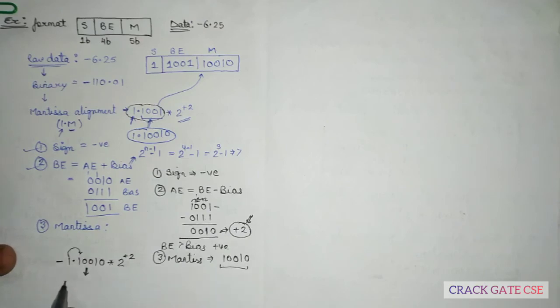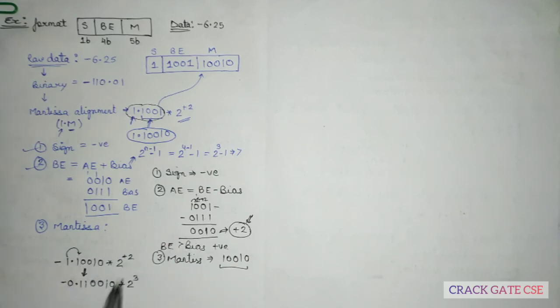It will be negative 0.110010. Because we shifted this value to the right, 1 will be added to the exponent, so this will be 2 to the power 3, right? So we have shifted the implicit value, that is the valid digit.